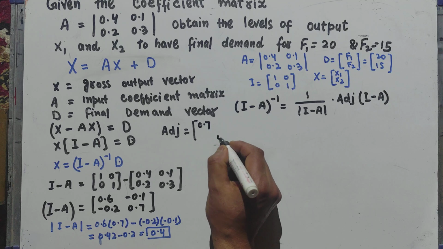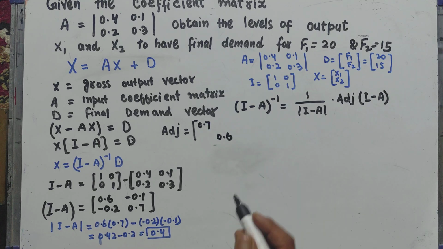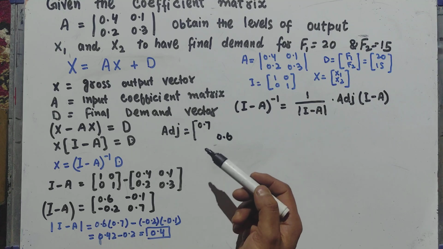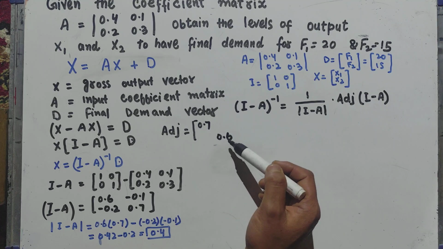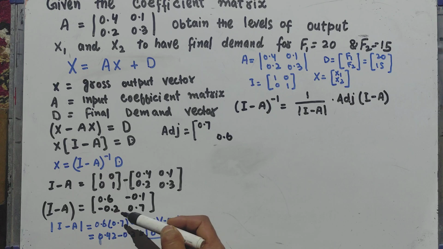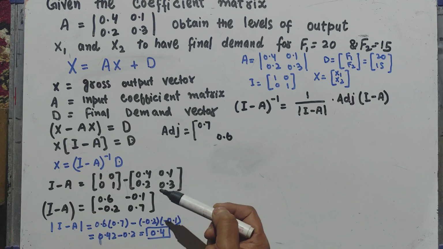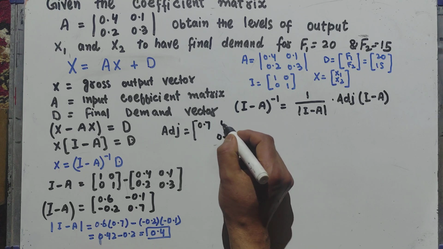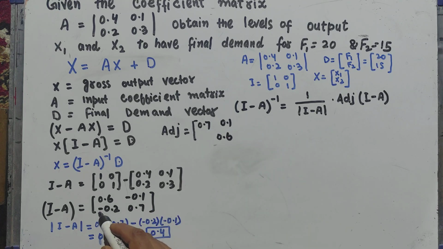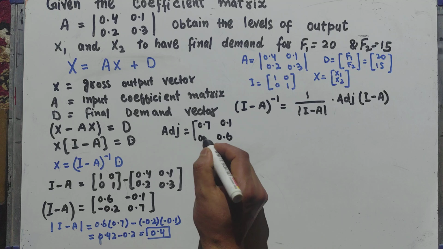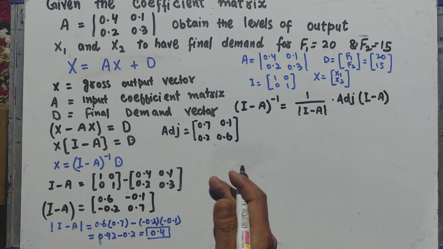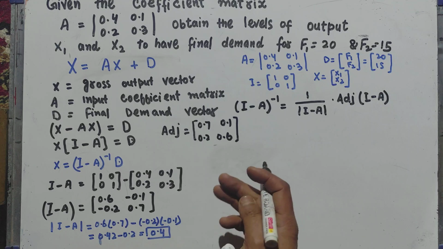So to find the adjoint of a 2 by 2 matrix, we swap the principal diagonal elements and change the signs of the non-principal diagonal elements. So negative 0.1 becomes positive 0.1, and negative 0.2 becomes positive 0.2. This is simply how to find the adjoint in a shortcut manner.